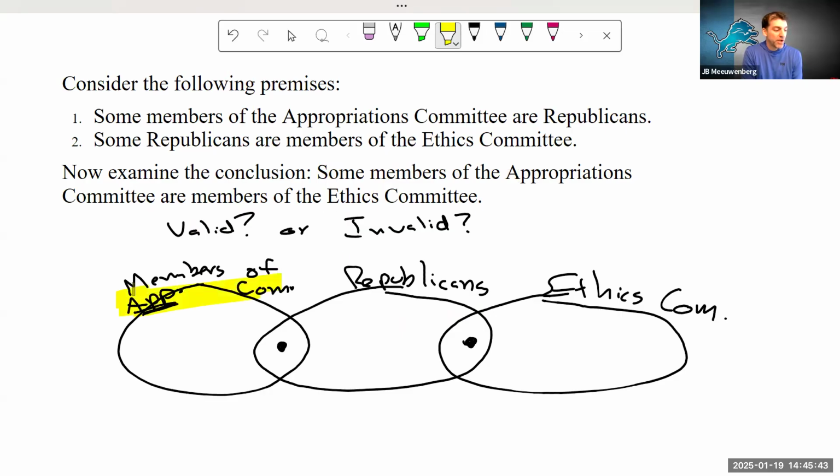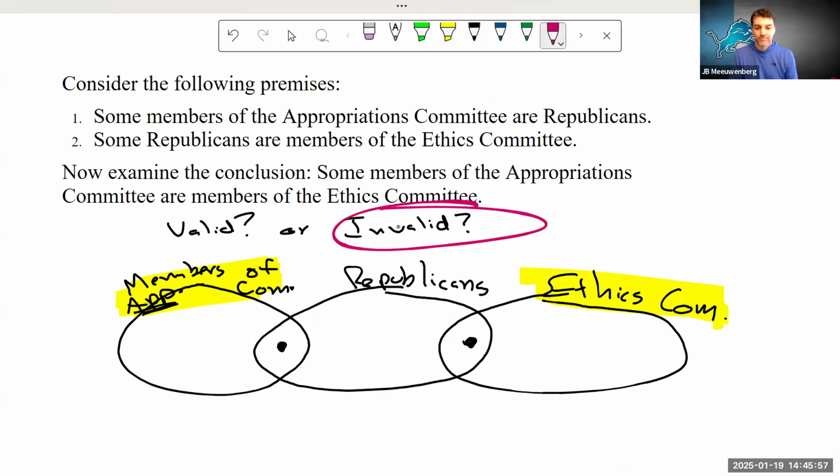Well, here's the Appropriations Committee, and here's the Ethics Committee. Do we know for sure that any of these folks also are here? No, that was an invalid conclusion. Whoever drew that conclusion used what we call invalid reasoning. No direct relationship can be established between Appropriations and Ethics Committee members based on these premises.